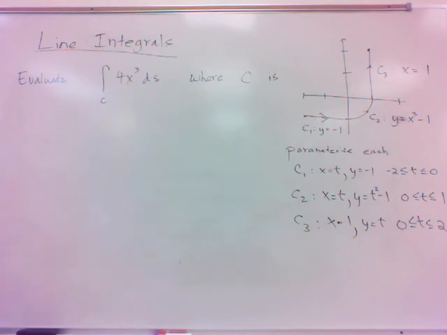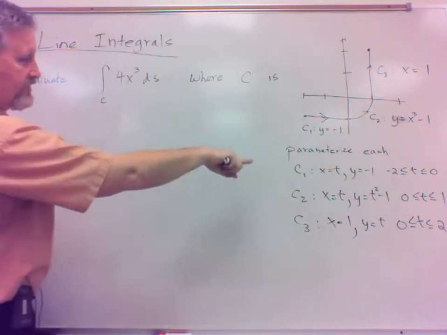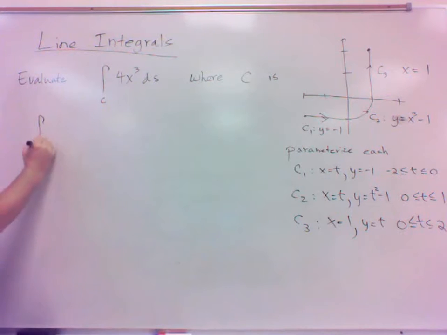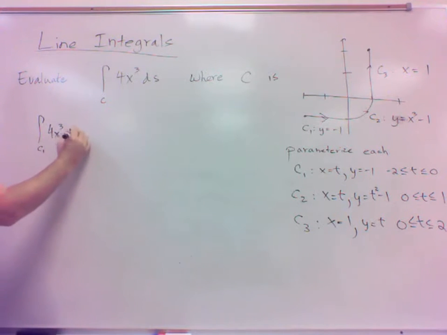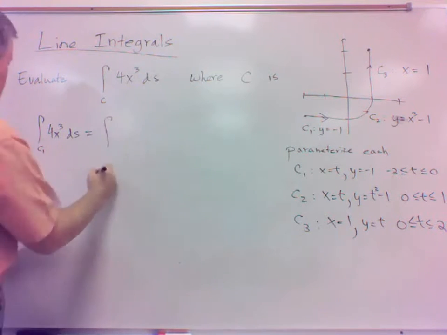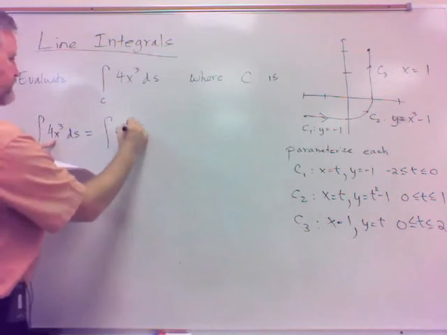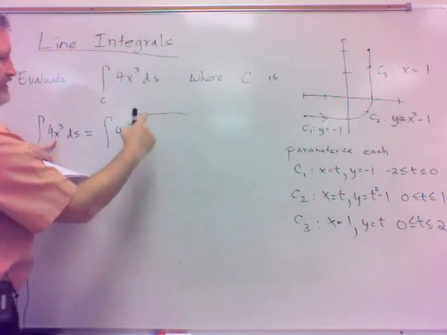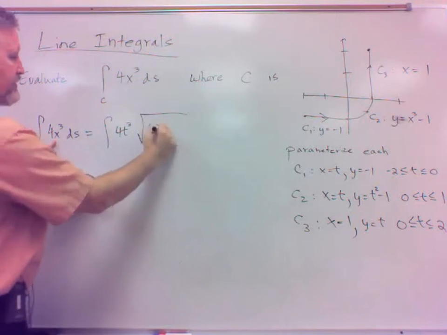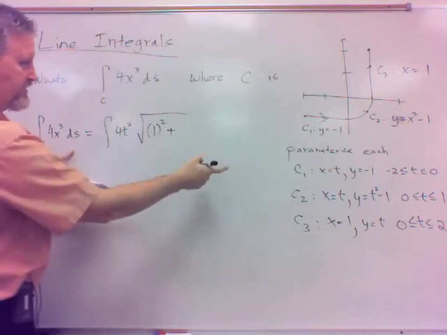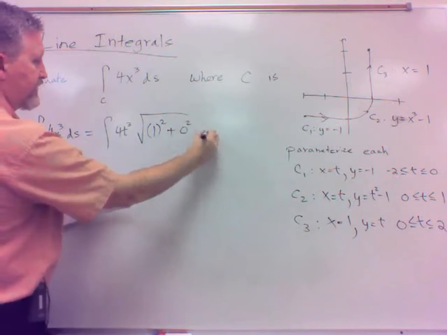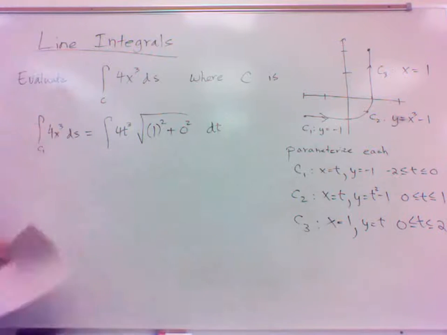Okay, so now we just do the line integral over each part. So what would the line integral over C1 be? That would be 4x cubed. X is t in this case, so it would be 4t cubed times the square root of dx/dt, which is 1 squared, plus dy/dt, which is 0 squared. So what do we get there?